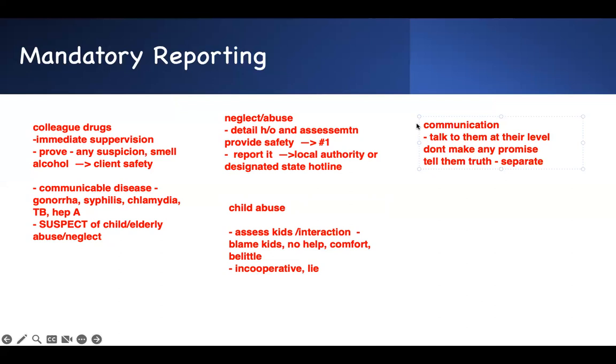Otherwise, they will not trust anybody anymore. Tell them that this may happen. They're not going to get into trouble, but they may lose their parents. But you have to tell them that they are not in trouble, and it's not their fault. They need that reassurance, but they may lose their parent. They may not go home that day.